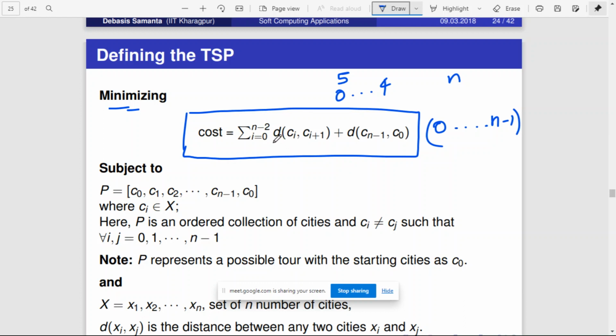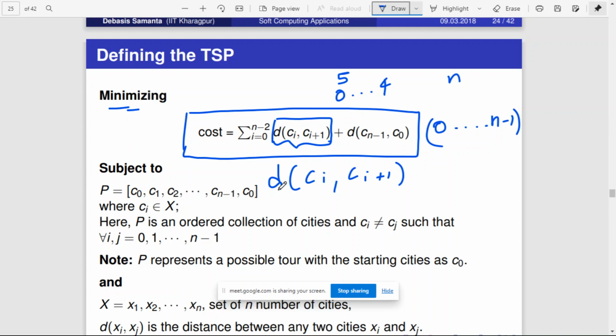first let us take this part alone. Okay, this part, what it shows is d of ci comma ci plus 1. Okay, what does this d represent? Could you guess from the previous matrix? D represents what? D is distance.